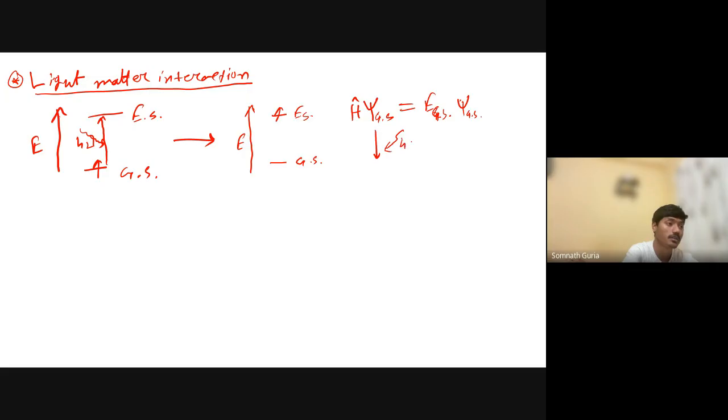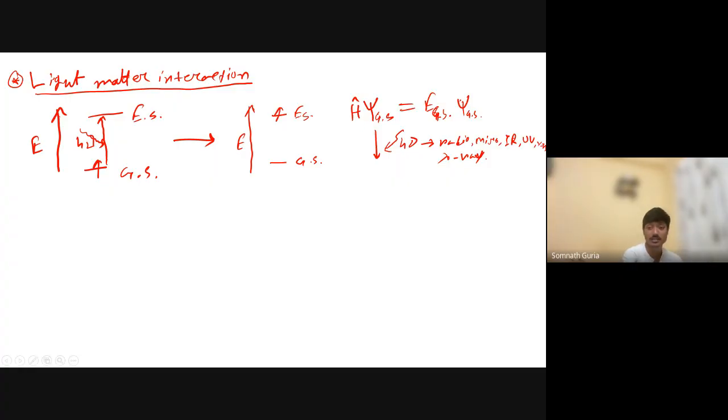It may be radio wave, maybe microwave, maybe IR wave, maybe UV, maybe X-ray, maybe gamma ray, depending on which transition we are actually taking care of. Let's suppose now we are exciting to a different state.